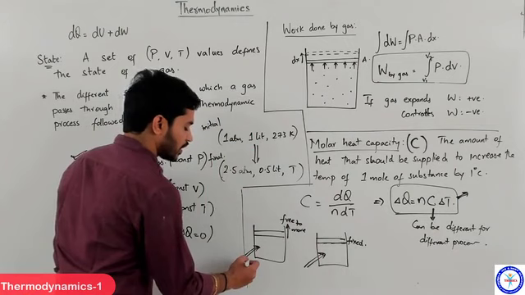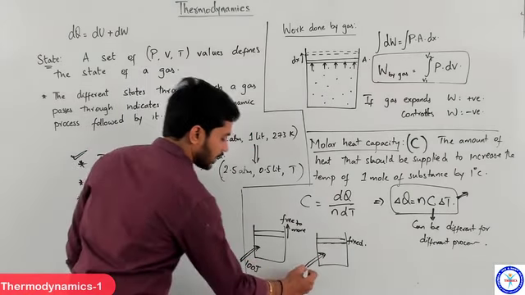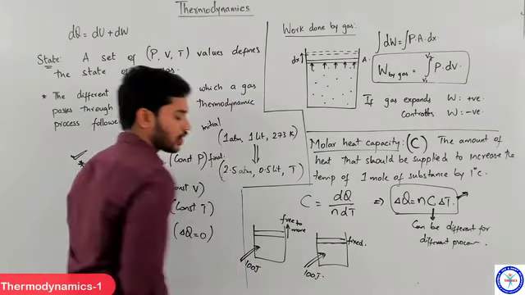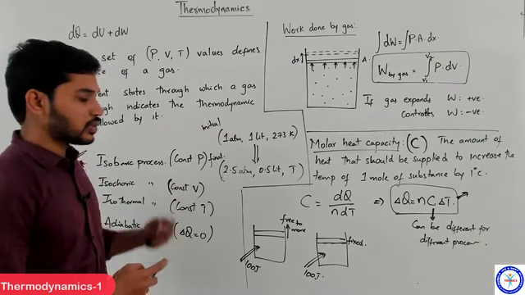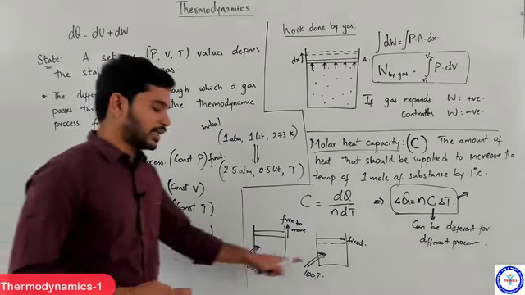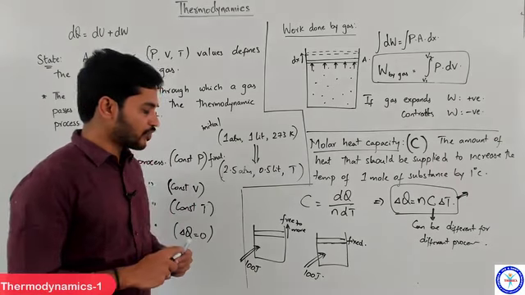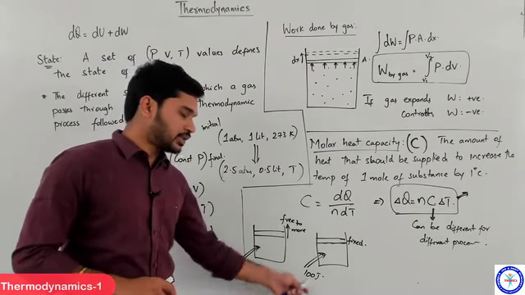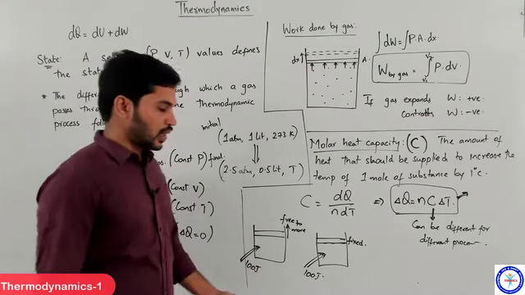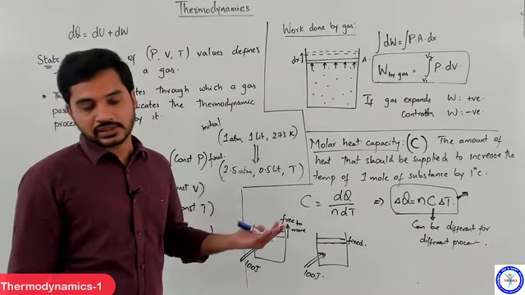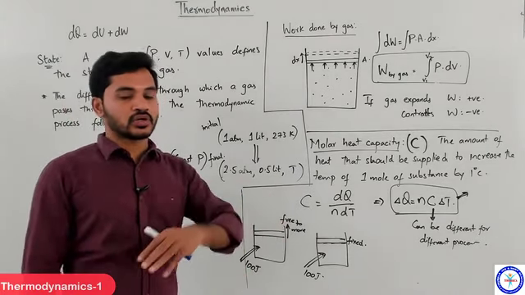Let's say you have given 100 joules of heat here and 100 joules of heat here. Now what happens to the gas? What does the gas do with this heat? So apply the first law of thermodynamics. The gas can utilize this heat in two ways, yes or no? One is to increase its internal energy, two is to do work on the surroundings.